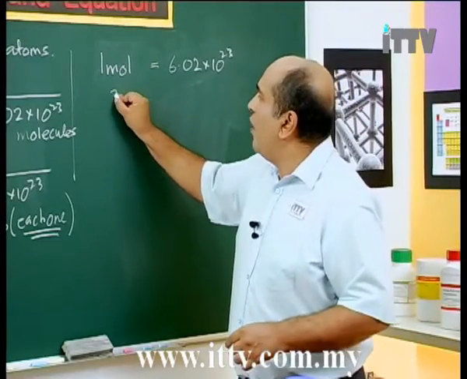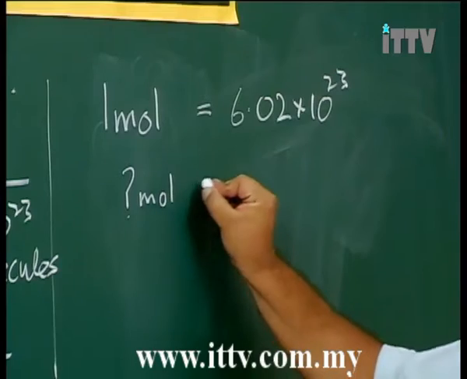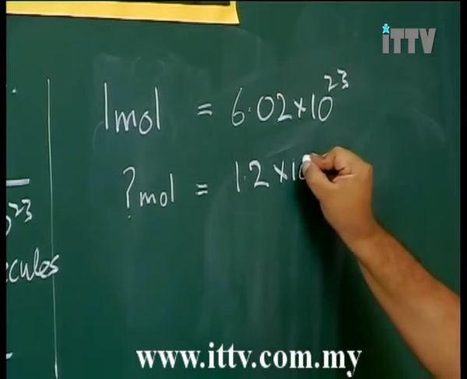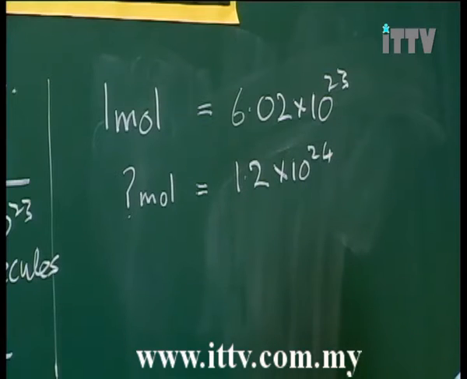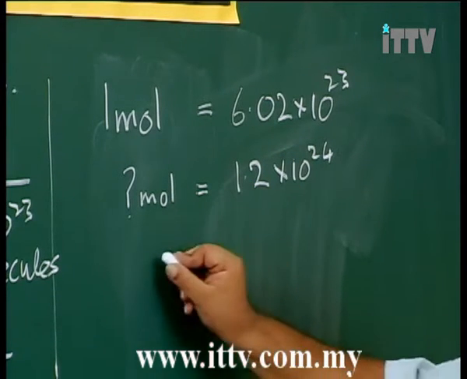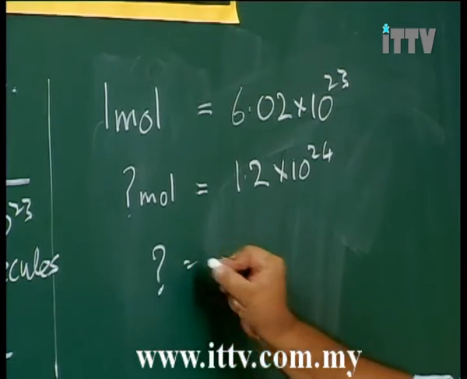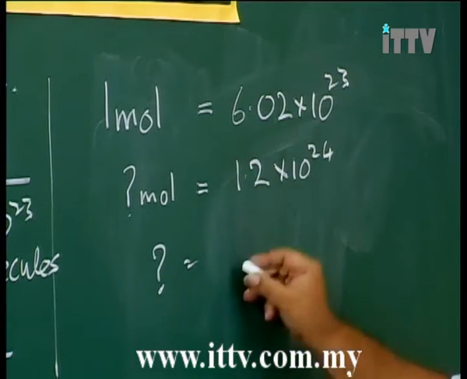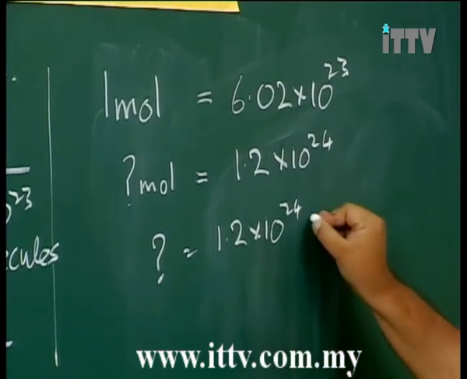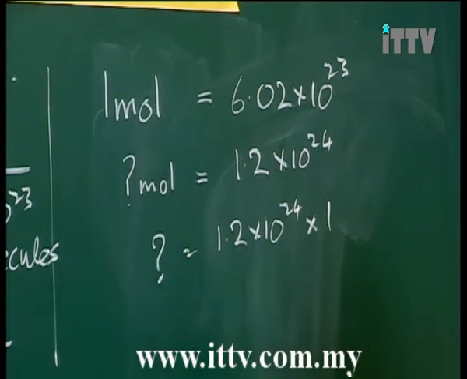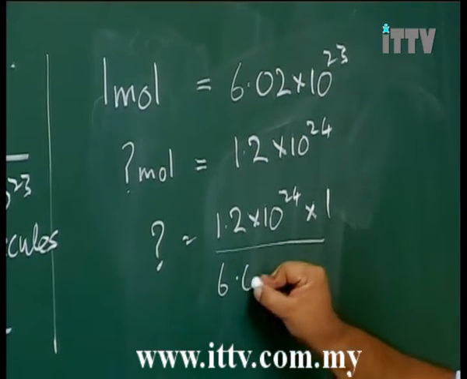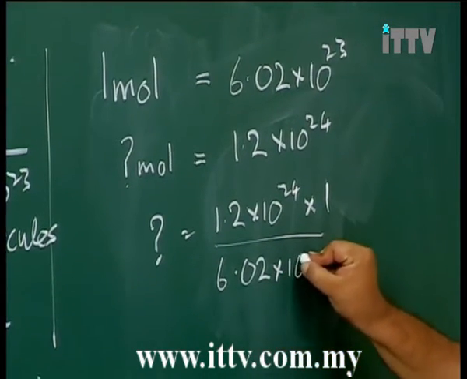Therefore, how many mole equals 1.2 times 10 to the power 24? If you do a simple cross multiply, you will find your unknown equals, if you bring this up and bring this down, 1.2 times 10 to the power 24 times 1, which is the 1 mole, divide by Avogadro's constant, 6.02 times 10 to the power 23.